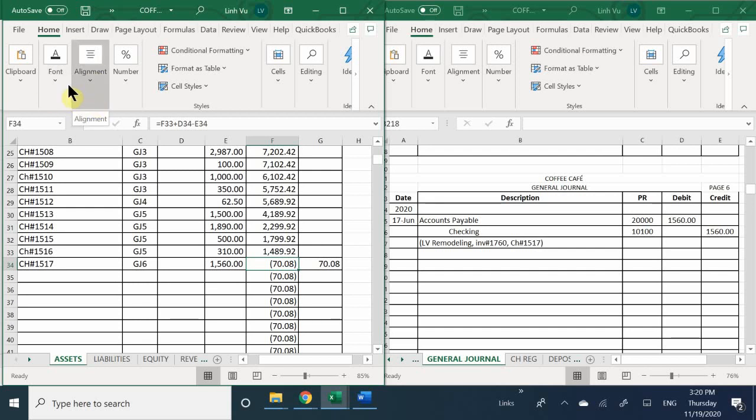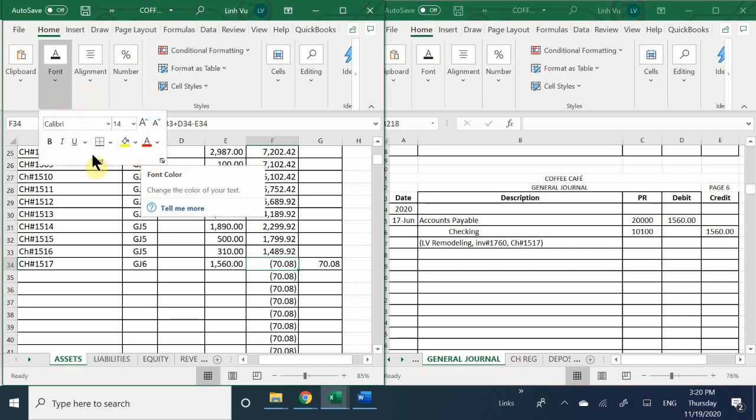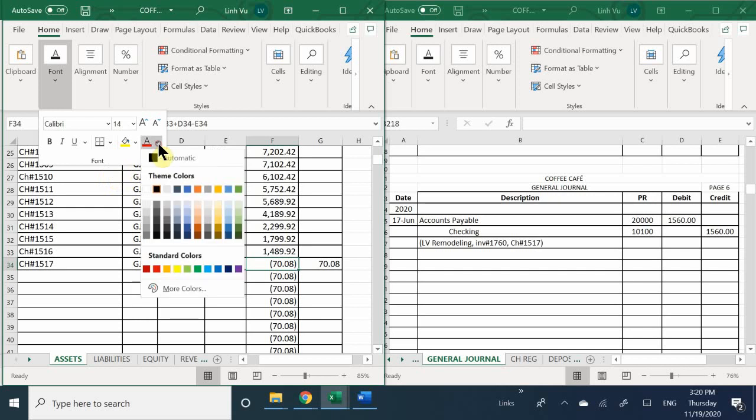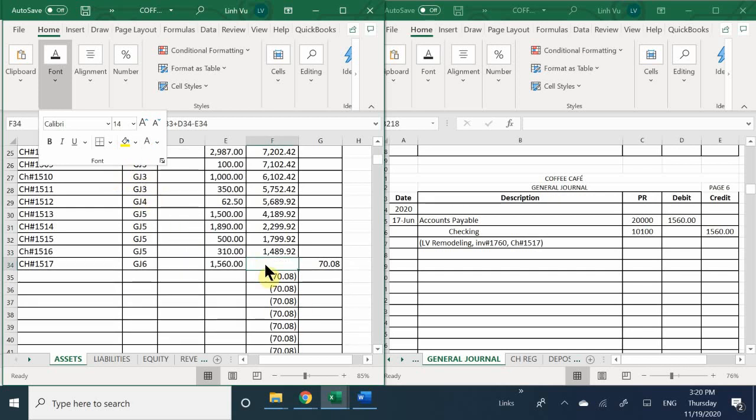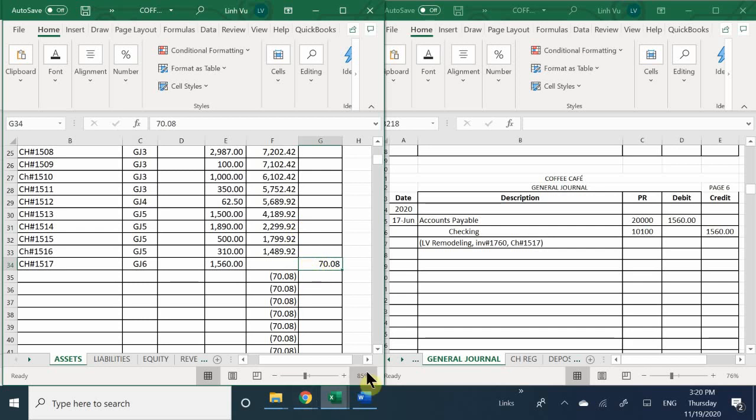But what I'm going to do is I'm going to do this so it reflects that I have a negative balance. Now you can leave it in your debit in parentheses. But for the sake of accounting, how they like their formatting, I'm just going to go ahead and white it out. So the number's still there. It's just hidden now. And here it reflects that, oh, okay, look, I have a credit balance of $70.80.